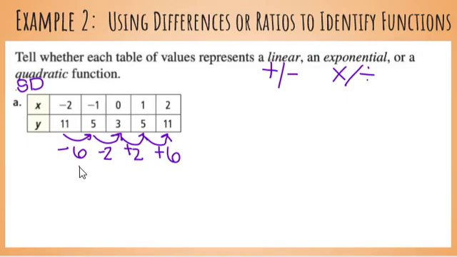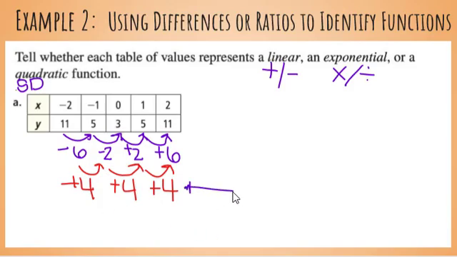Now we're going to look at our second differences, meaning how we're getting from each of these first differences to the next. To get from -6 to -2, I add 4. To get from -2 to +2, I add 4. And to get from +2 to +6, I add 4. Since all of these second differences are the same, this is going to be a quadratic function.